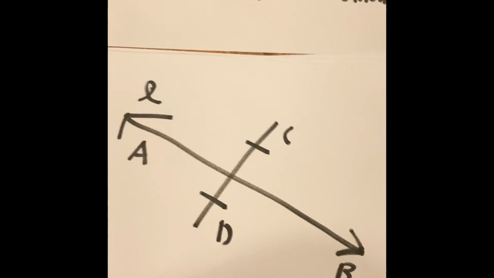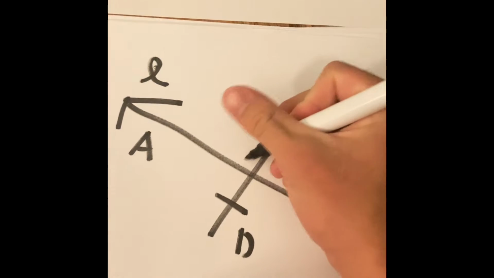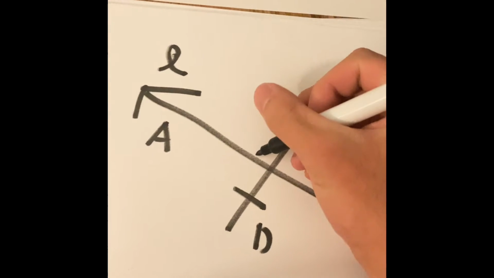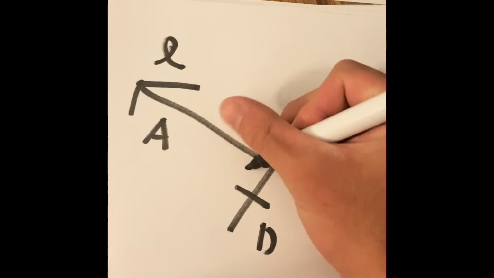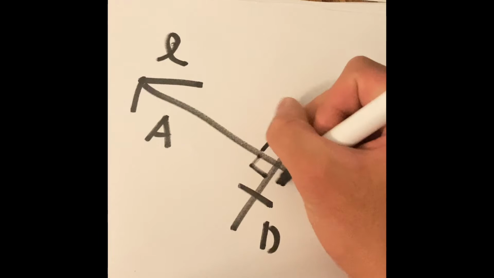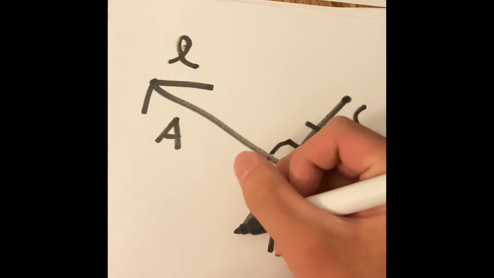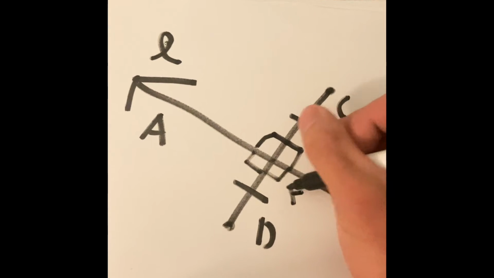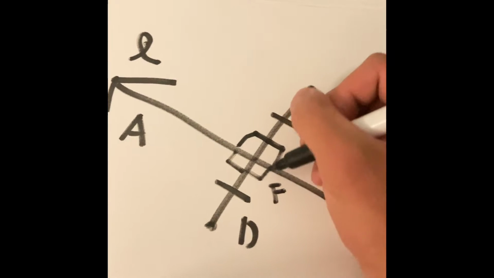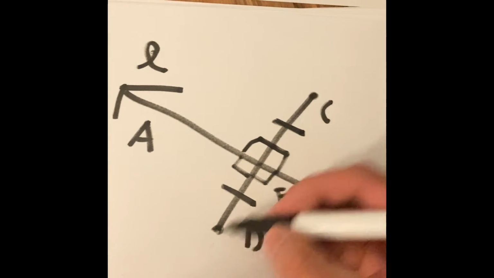So there are two lines, and a perpendicular bisector happens when a line bisects another line at 90 degrees and makes right angles. Not only that, the point from here, point C, to let's say the middle, point F, the segment CF has to be congruent to the segment DF.